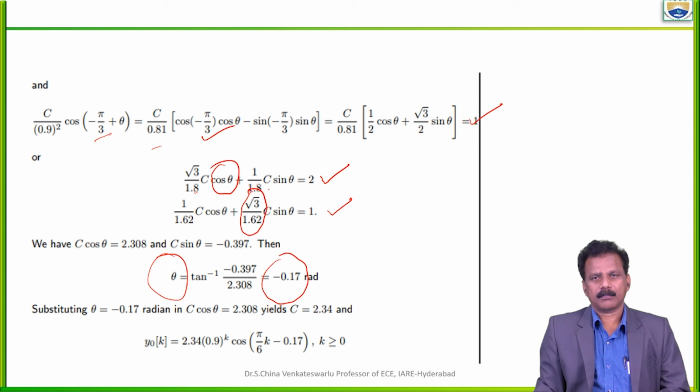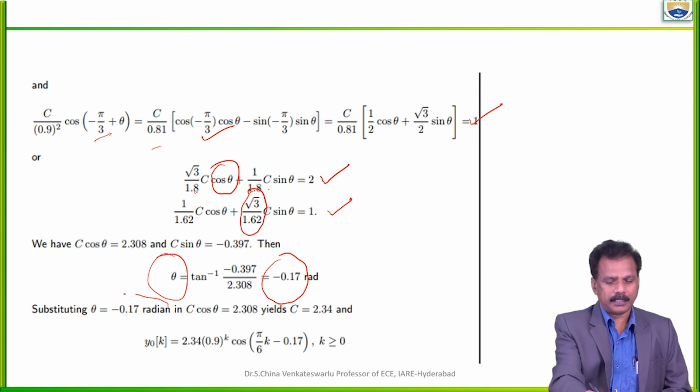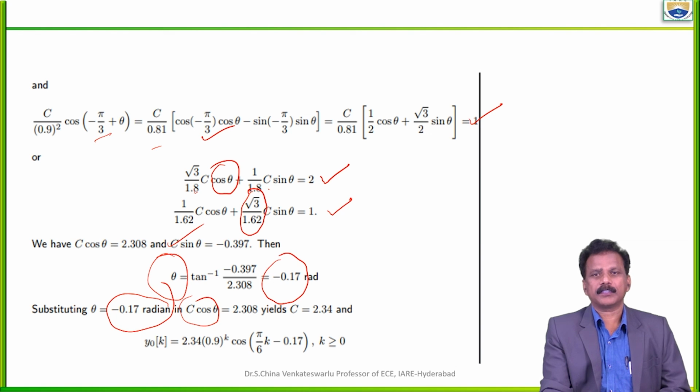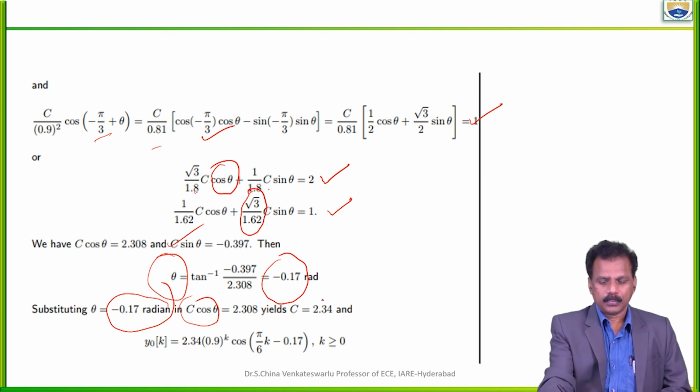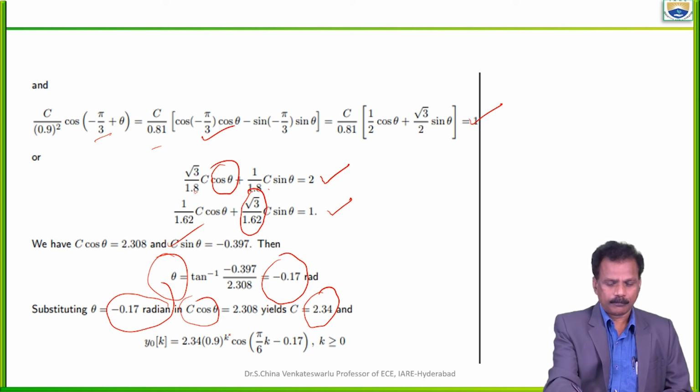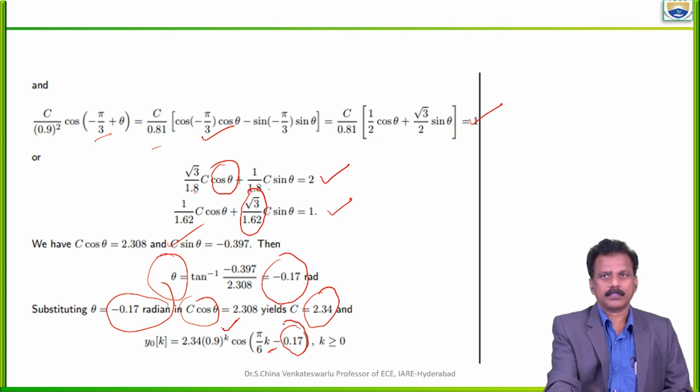Substituting theta equal to minus 0.17 radians in c cos theta equal to 2.308, c equals 2.34. So y naught of k is equal to 2.34 into 0.9 power k into cos of pi by 6 into k minus 0.17, where k is greater than or equal to 0.